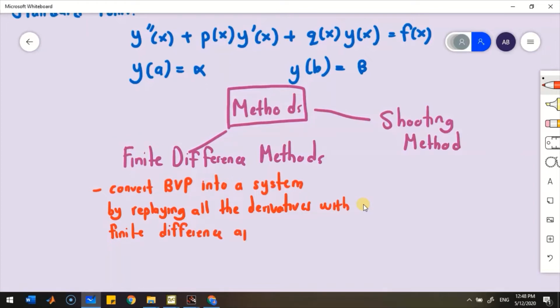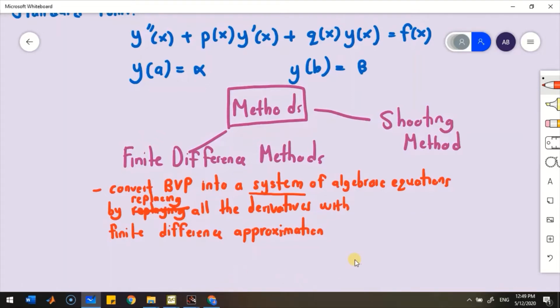This is what the finite difference method does. The key word here is system, a system of algebraic equations, by replacing all the derivatives with finite difference approximation.